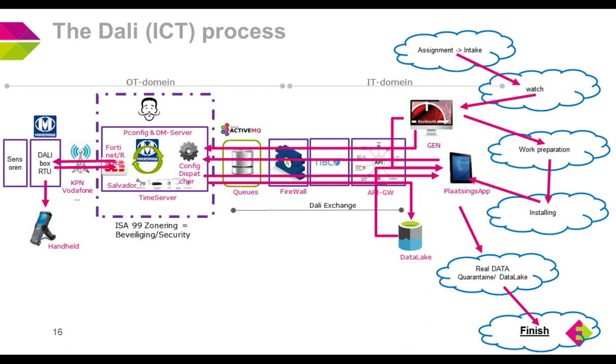But now we have built a new platform, and when we go to the assignment, there is the intake, and we will look at how it is with the watch in the station, and we give all the information to the GEN, our geographical information of our grid. You see that some things are happening with the whole process in the ICT and the other domains.